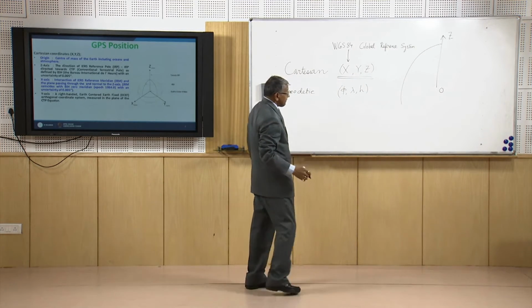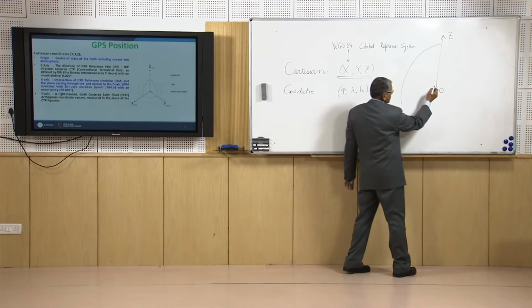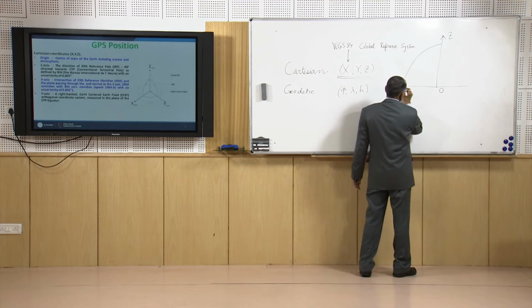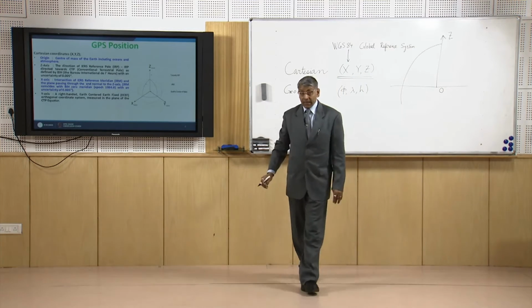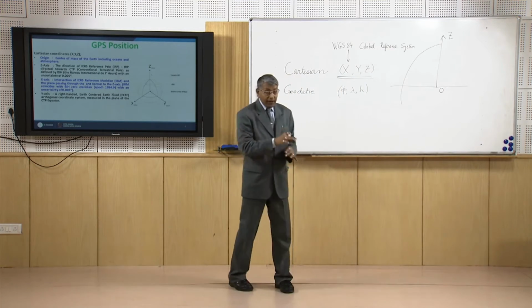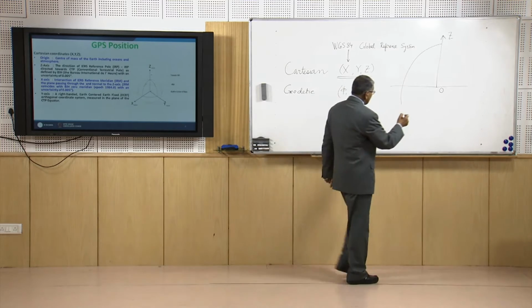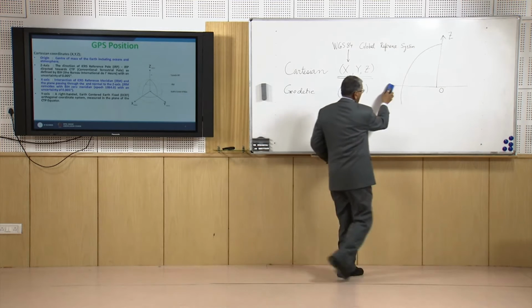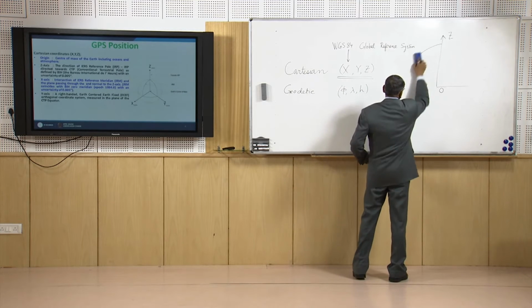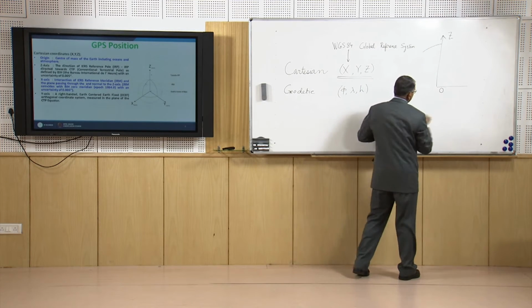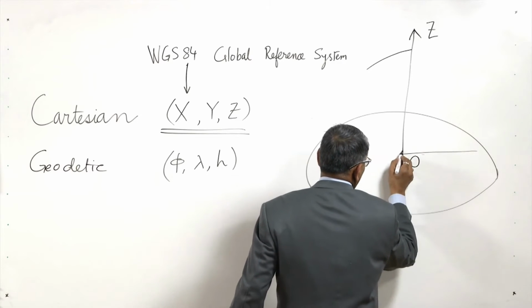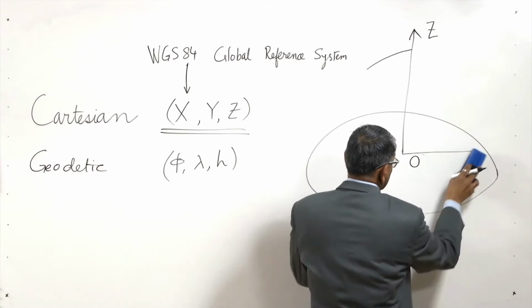And there is an infinite plane which is perpendicular to the z axis and passing through the center of mass of the earth, that is the equatorial plane.